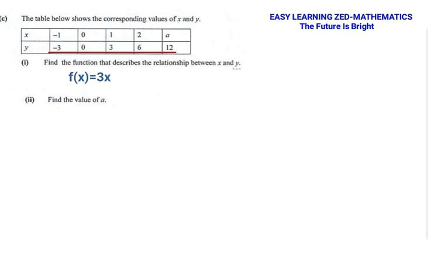So we write that function there. Where there's A, the element in x is not given, but the image is given. So where there is f of x, we put 12, the image, which is equal to 3x.